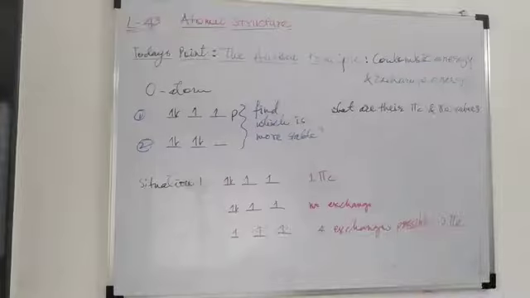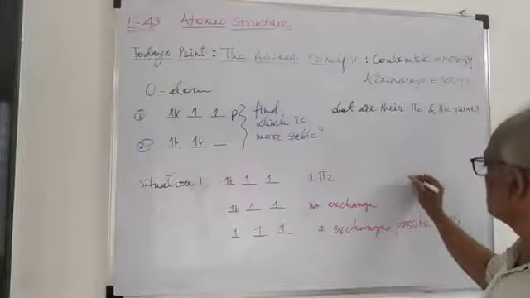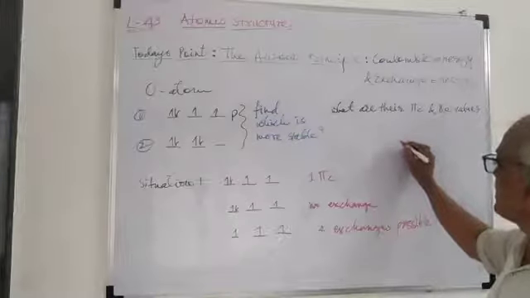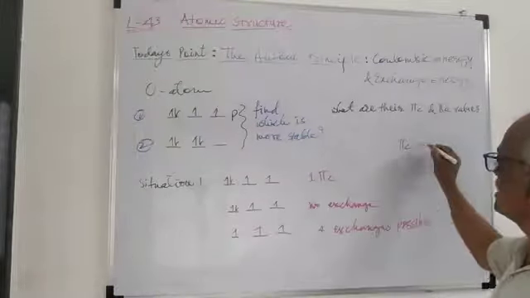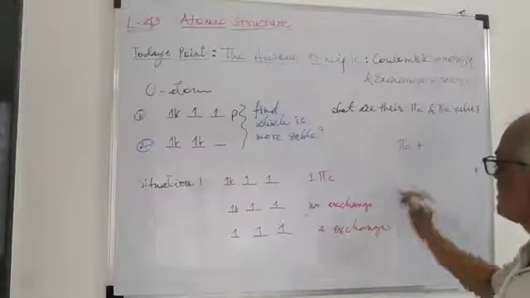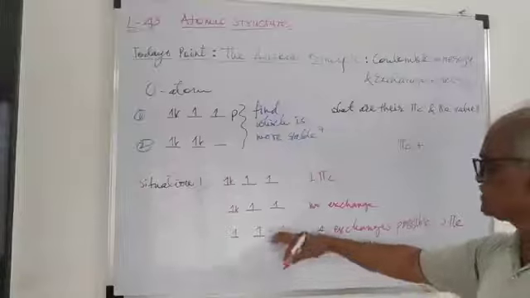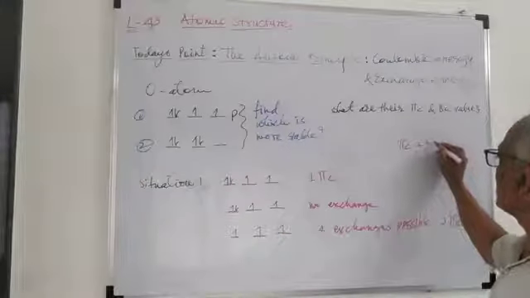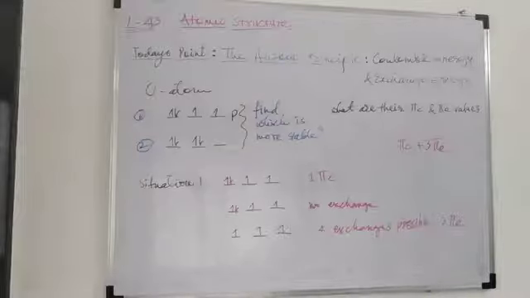We can show that for all these structures the pi c, meaning Coulombic exchange, is 1 plus the 3 pi e. Including this there are 4, but excluding this there are 3 pi e structures.